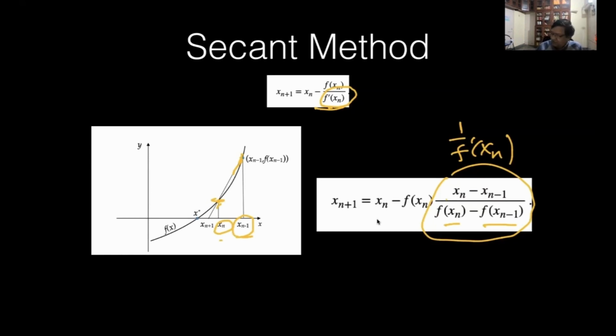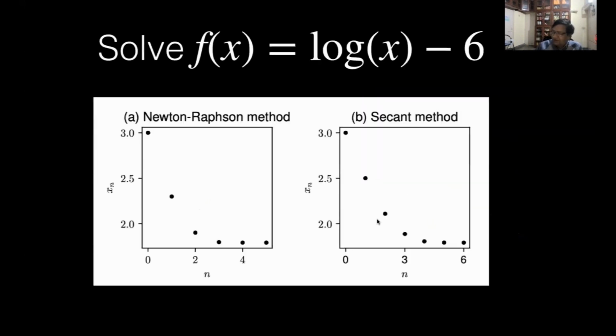So the secant method is derived from Newton-Raphson, but using numerical values, and it's useful when we don't know the function. Now let's apply this to the exponential again.